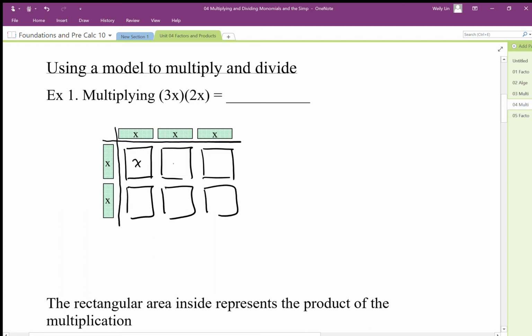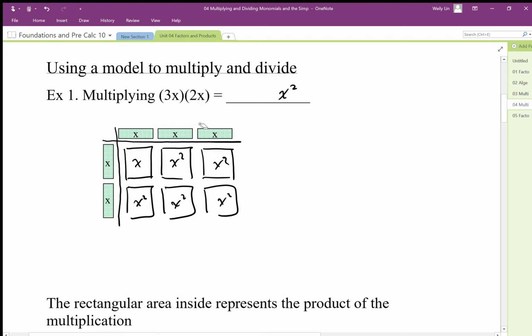So I've got x squared, x squared, x squared. Okay, so we can see that we can multiply the two x's together, x squared, and we can see that because we have 3 x's along the horizontal, and we have 2 x's along the vertical, that generates 6 of whatever terms that we're going to make with the variable parts.